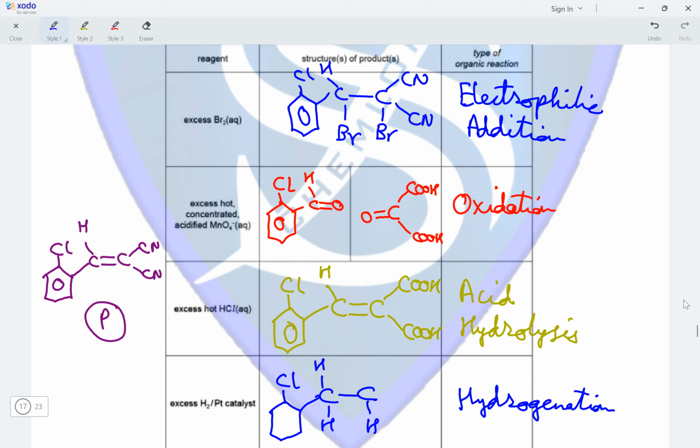The CN group will also be reduced in the presence of hydrogen, converting into CH2NH2, converting into amines. So here both the benzene ring and the alkene undergo hydrogenation, and reduction of the nitrile group to form amines also occurs. This is known as hydrogenation, and we can include the term reduction in the type of organic reaction taking place because the nitrile groups are reduced into amines.